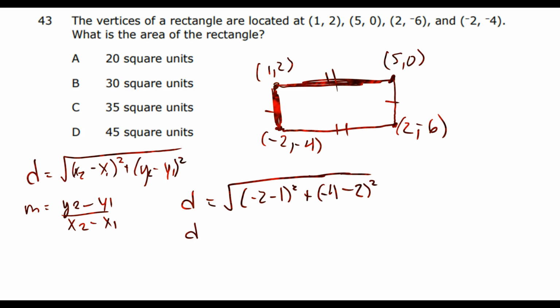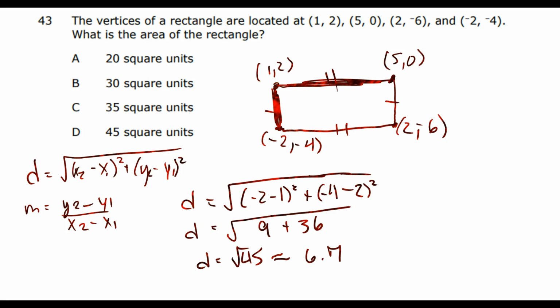You could put all this in the calculator, but negative 3 squared is 9, plus 6 squared, which is 36. So I get d is equal to the square root of 45, which is approximately 6.7.